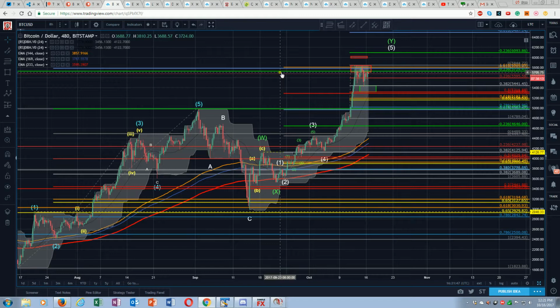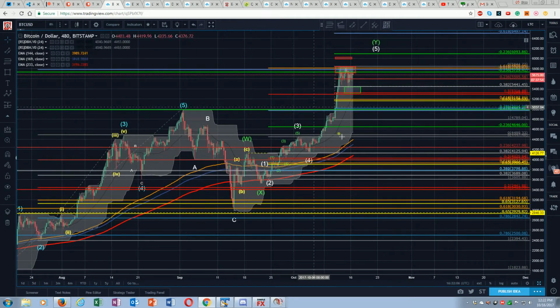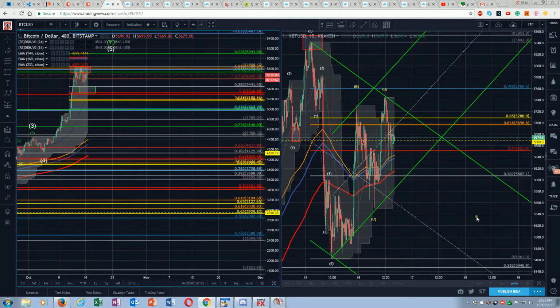Now, what's making it difficult is to find an entry. If you're not already long and you're looking to get in, well, the simple entry has already come and gone, which was the 38.2, which we had, I think it was Friday. So if you're not in that, now you're looking for the deeper retracement if we get it. So let's go over to the 1 hour and see if we can make sense of it.